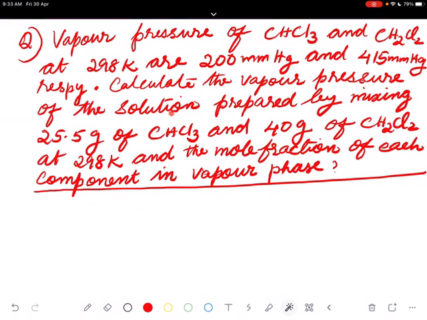What is P total? P total is equal to PA plus PB, that is, according to Raoult's law, P naught A XA plus P naught B XB.